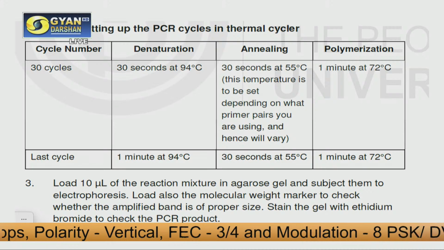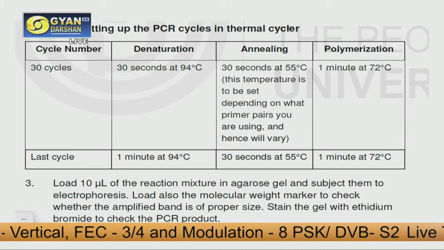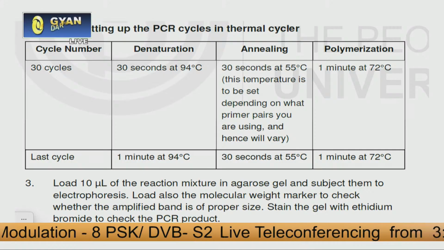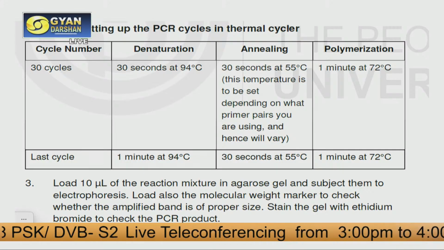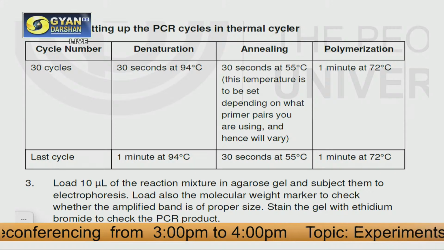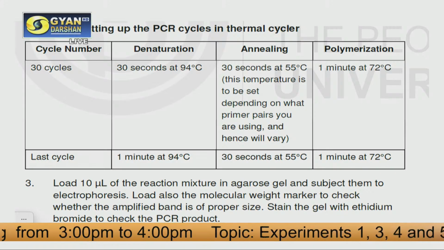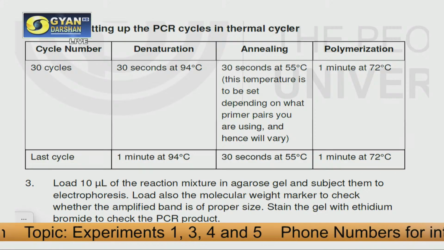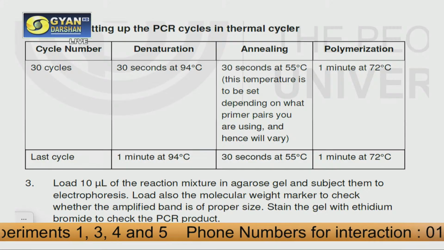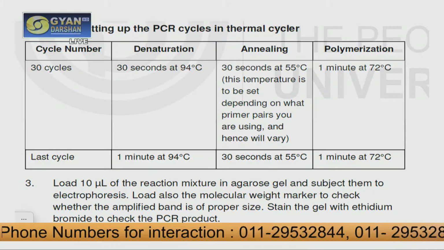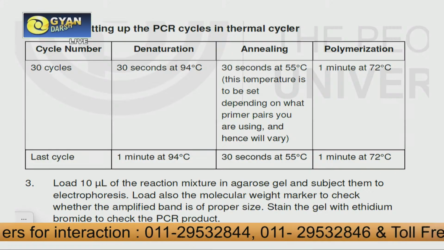So cycle number 30 cycle, denaturation step 94 degrees, say 30 seconds, annealing, again let's say 55 is the annealing temperature or TM that you have calculated. So 30 seconds, it may extend to 1 minute. Polymerization 72 degrees centigrade 1 minute. Last cycle, that is 1 minute at 94, 30 seconds at 55 and 1 minute at 72 degrees centigrade.